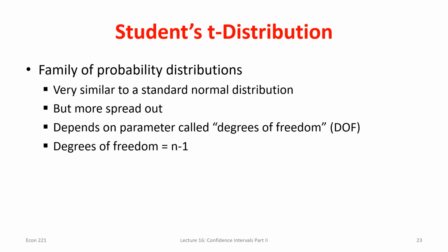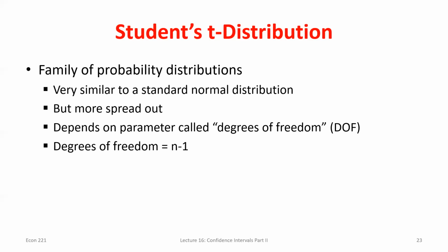So standard normal distribution was one distribution. Student t distributions are a bunch of distributions that are all normally distributed, just not quite standard normally distributed. Okay. So we're going to have to use a different table. And the way we identify which student t distribution we're going to use is based off of the sample size minus 1.